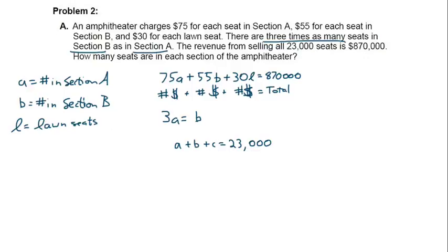And now we solve. Well, here we go. First things first. B equals 3A, right? So let's plug that in. A plus 3B plus... No. B equals 3A. Plus C equals 23,000.